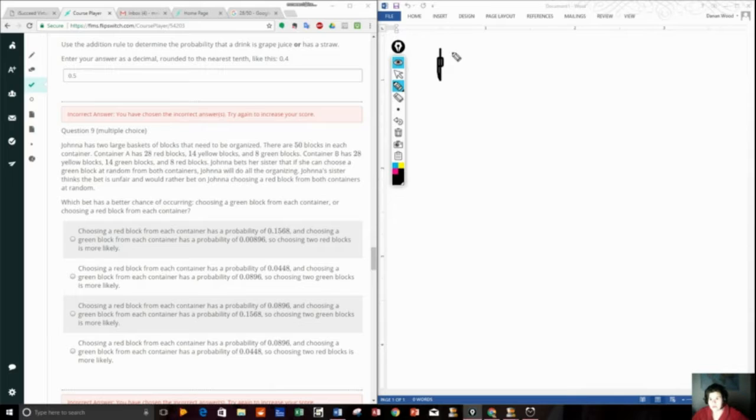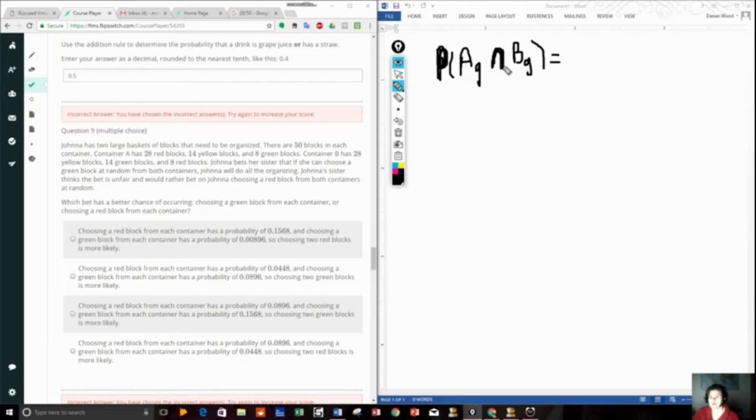Okay, so probability that you choose from container A a green one, and the probability that from container B you choose a green one. So this one is not our addition rule, because they're two events.